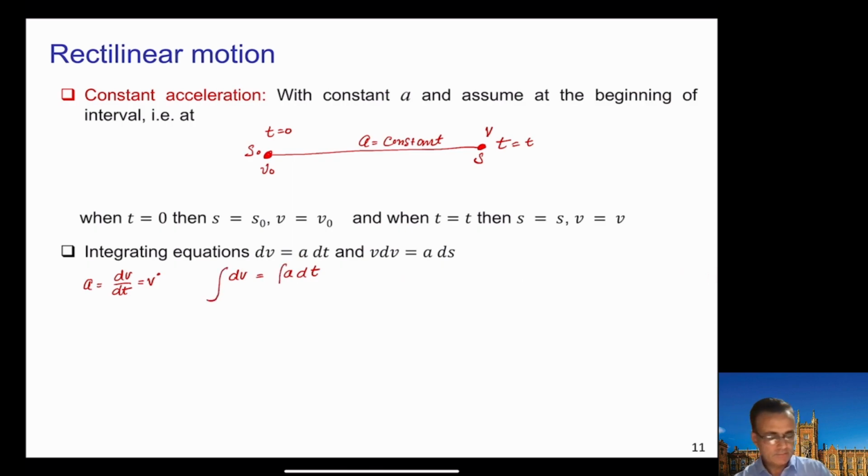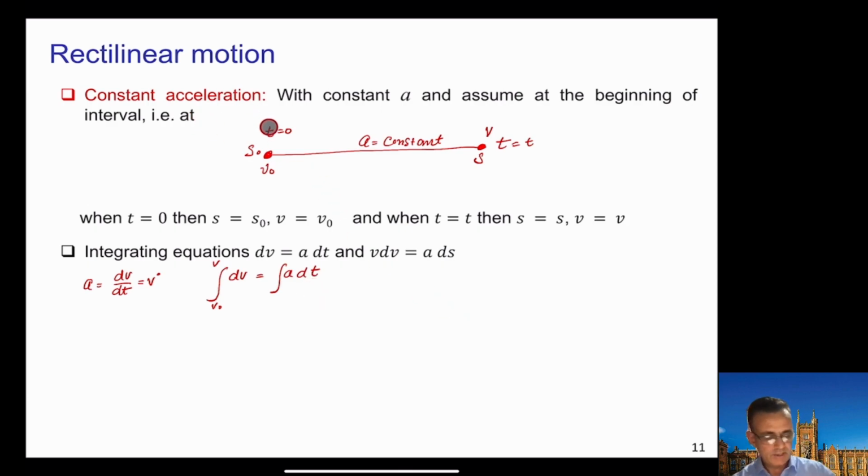and now if we do the integration here, we know that the initial velocity was v naught and the final velocity was v, and we are integrating with respect to time, so we will put the limit of time.